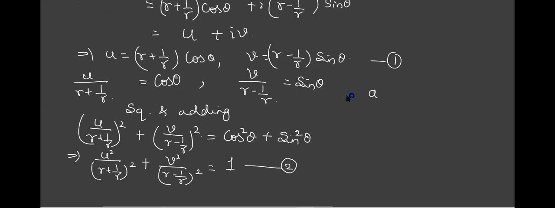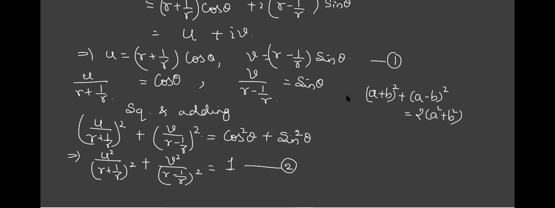Does anybody remember what a plus b the whole square plus a minus b the whole square is? Directly, or else you expand and simplify. If you expand, a square plus b square plus 2ab, a square plus b square minus 2ab. Ultimately, 2 times a square plus b square remains.